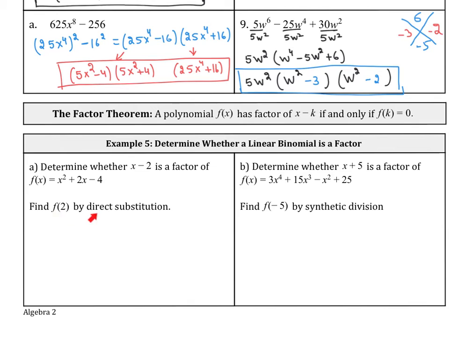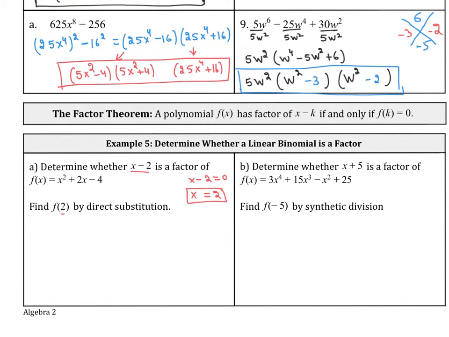You're going to use direct substitution this time. As I explained already, there are two methods to find f of k or f of 2, either by using substitution or synthetic division. Remember, you're going to use 2 if x minus 2 is given because you actually found its value. So x equals 2.